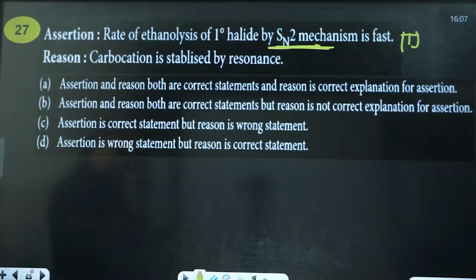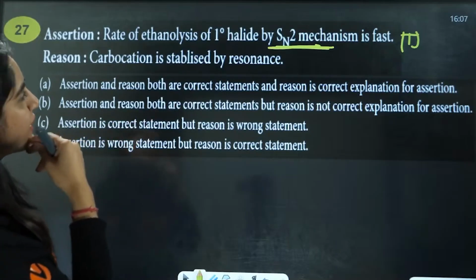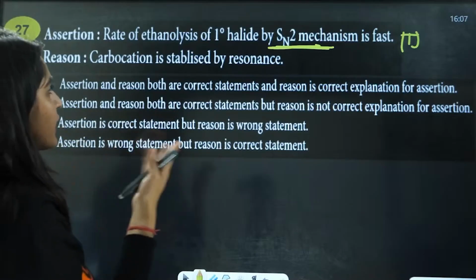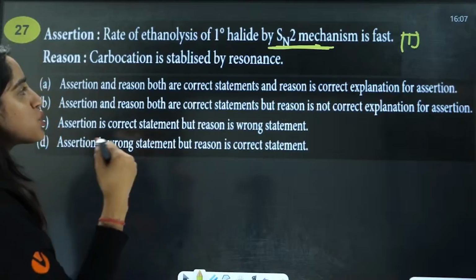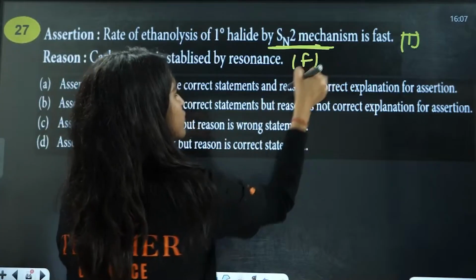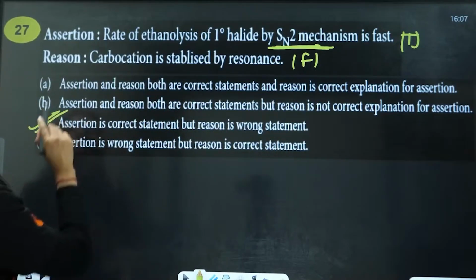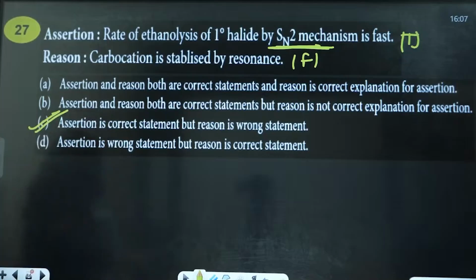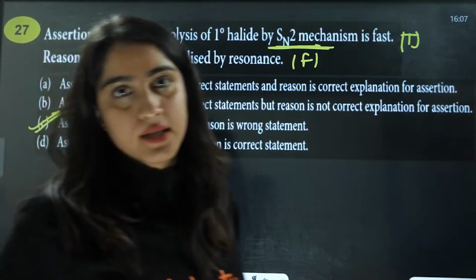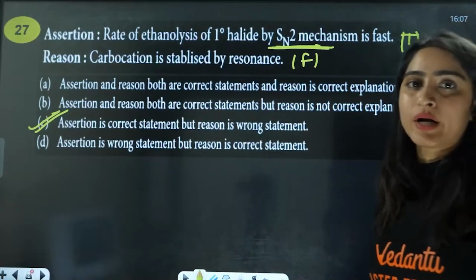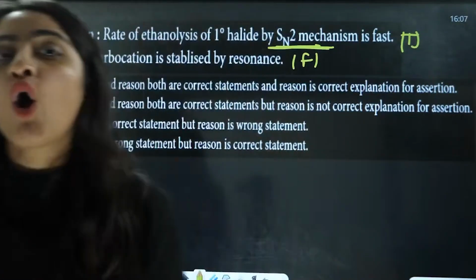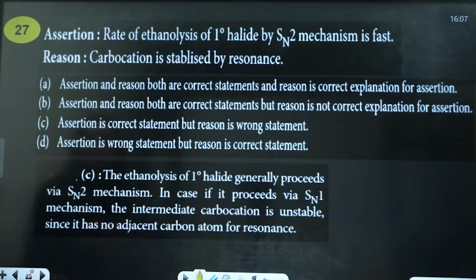Carbocation is stabilized by resonance, but here we see no carbocation that is stabilized by resonance, right? Here we form a transition state. So here it will be false. This is going to be false. So C is going to be the correct answer here, because in SN2 mechanism you will have a transition state, not carbocation formation.